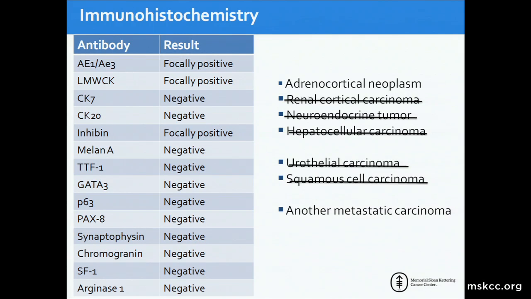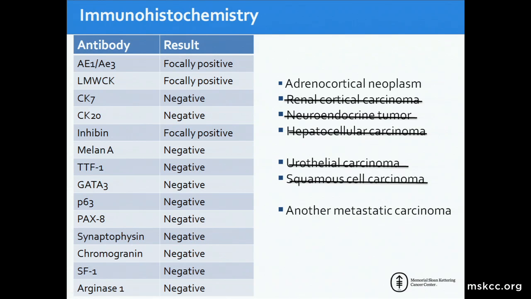Now, what about adrenocortical neoplasm? Well, it did have some focal positivity for inhibin, which would be good for adrenocortical neoplasm, though it wasn't entirely clear that it was not non-specific staining. It did have some positivity for pancytokeratin, and that is not so good for adrenocortical neoplasm because they usually are cytokeratin negative.